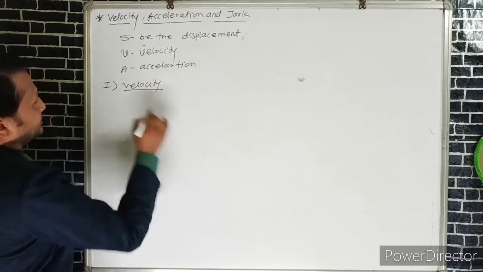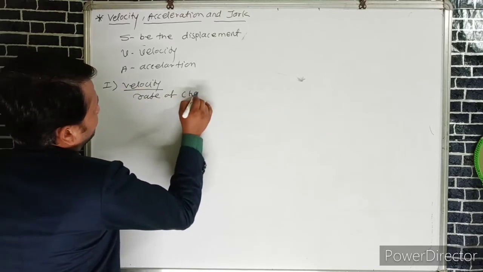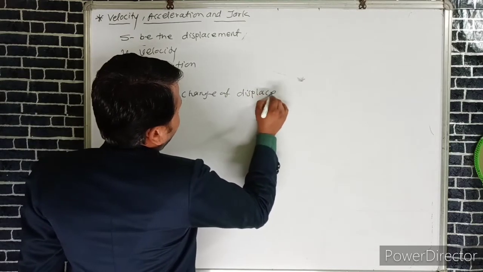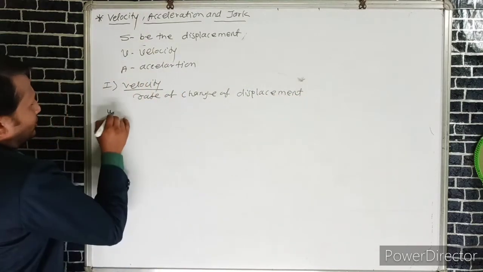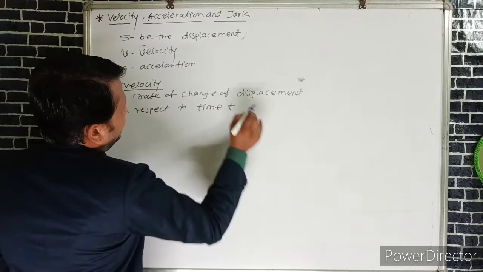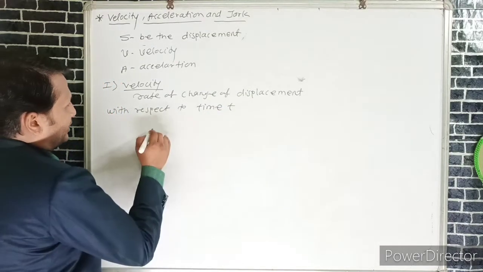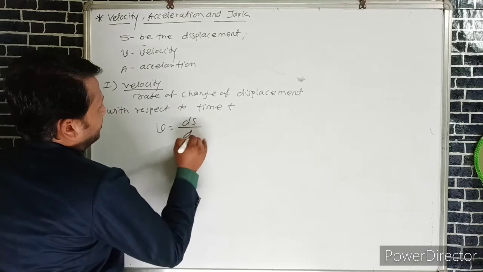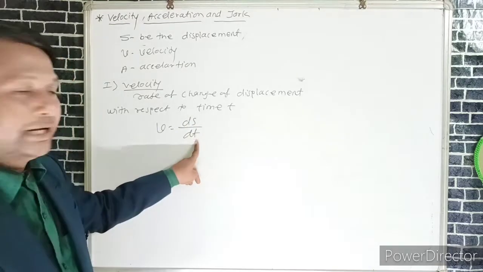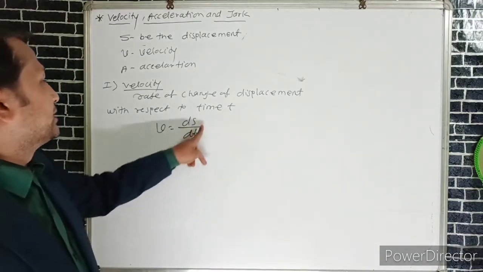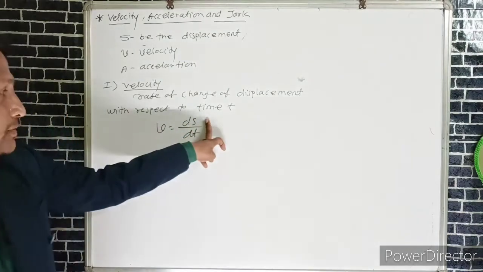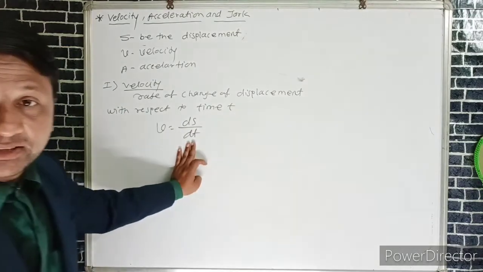Velocity means rate of change of displacement with respect to time t. It means that v is equal to ds upon dt. The first order derivative of displacement, ds upon dt, is velocity.